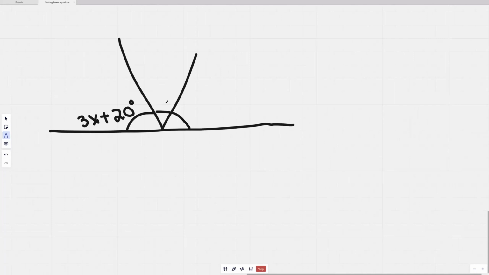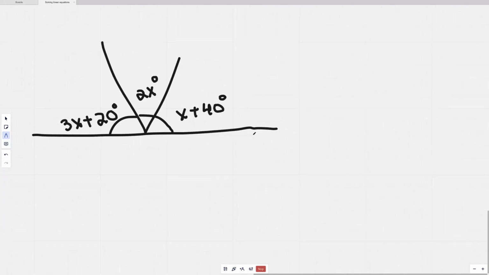The second part is 2x degrees, and then x plus 40 degrees. So another geometry rule: we know that if the line A to B is a straight line, the angles here will add up to 180 degrees.